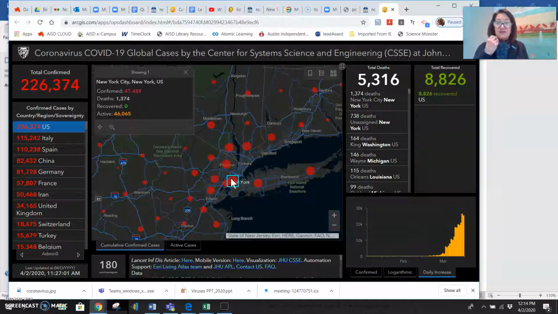Their deaths are 1,374, and 0 have recovered. So this really gives you a lot of information, and you can see how drastically it's spreading. And you'll notice that as you do it over a couple of days, you'll see a huge difference in this.